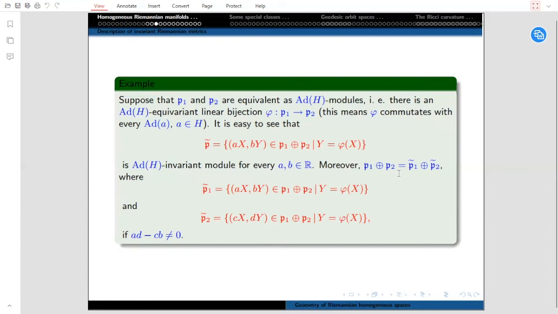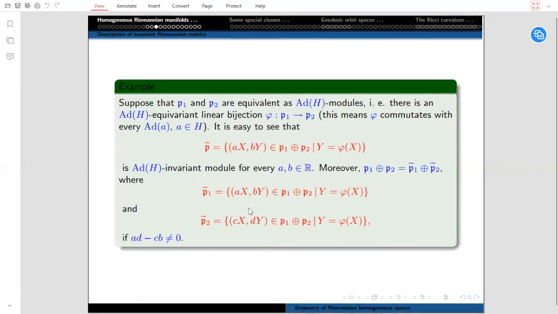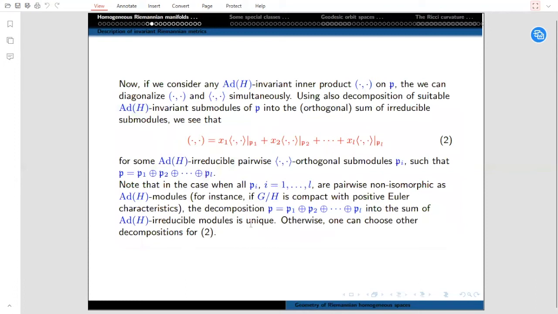Therefore, we can consider the sum of the two modules P1 and P2 as the sum of these modules. Therefore, we have another decomposition in this formula 2, because we can replace P1 and P2 with P1 tilde and P2 tilde, for example, and get other inner products.